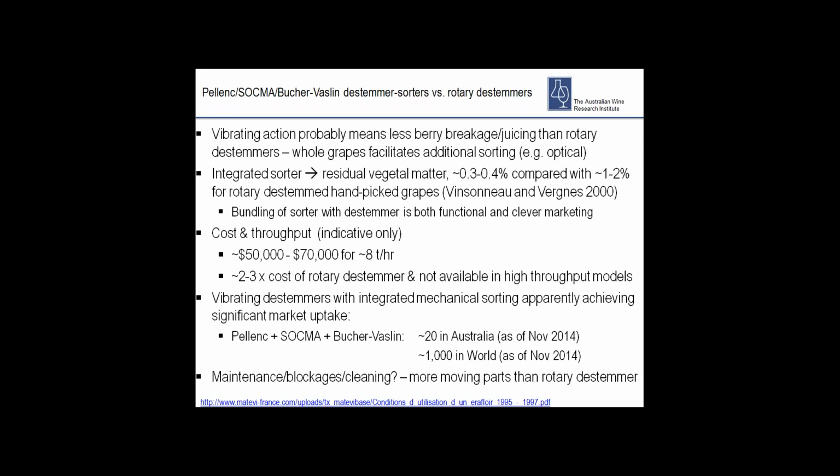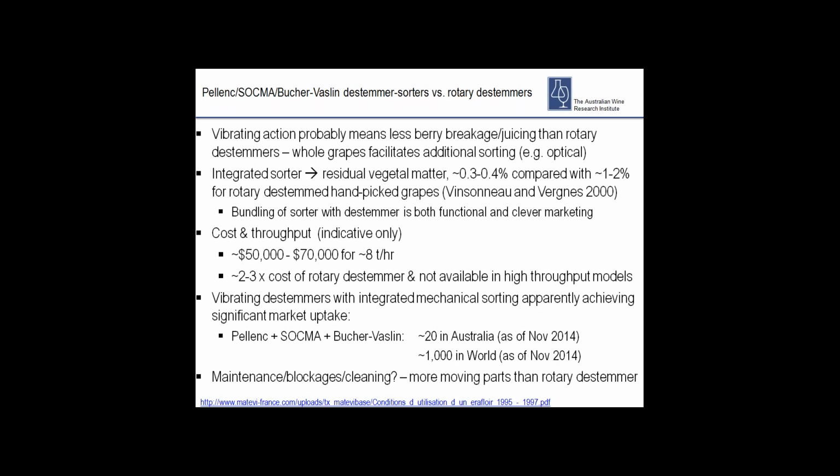It's also functional in that sorting is occurring immediately after destemming, so the grapes are in the best possible condition for sorting. And it's also functional in that the sorter can be included in the same device footprint, so it's not taking up too much space. But it's also pretty clever marketing, because I guess it's some way of upselling people that might not have bought an automated sorter previously to buy one, probably.